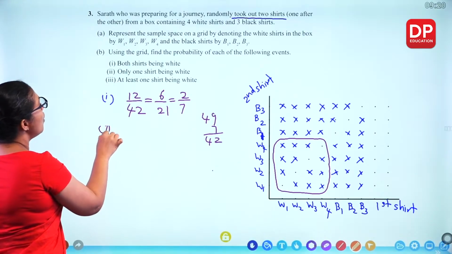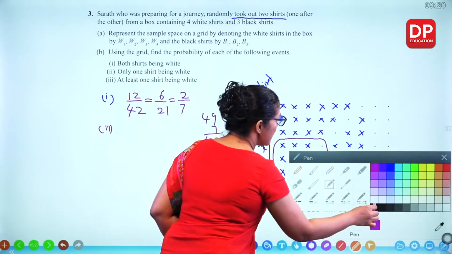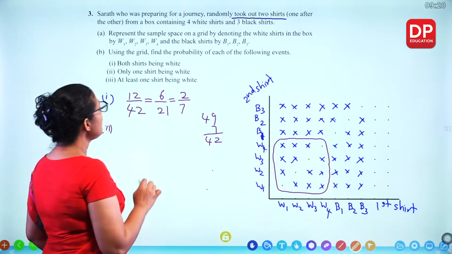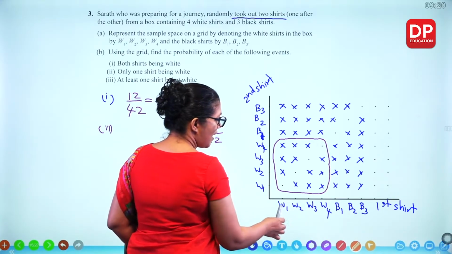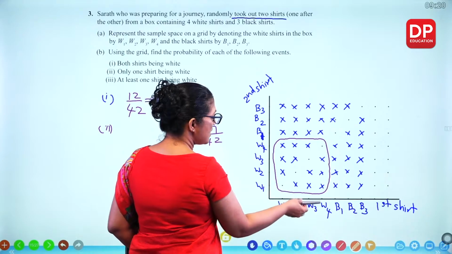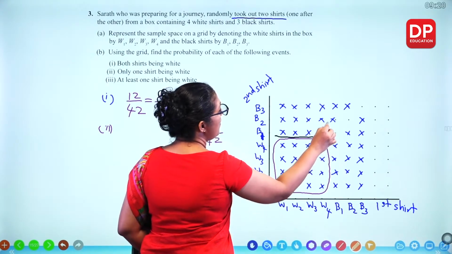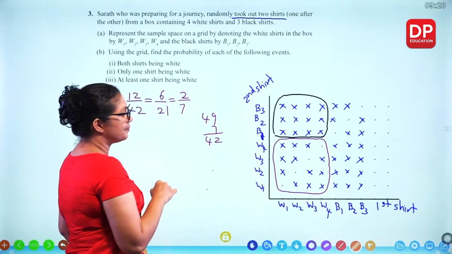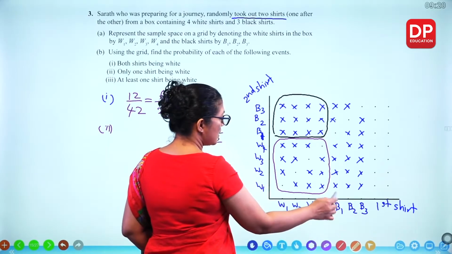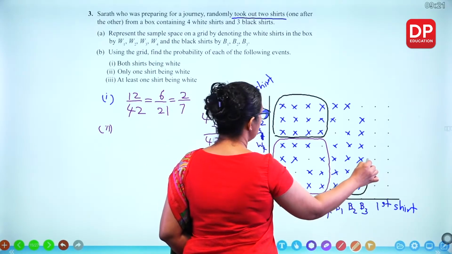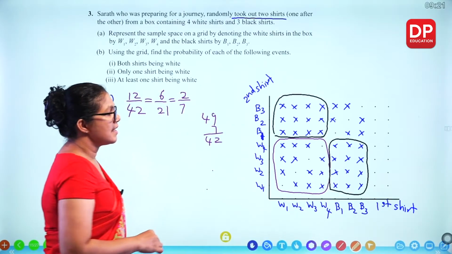Part 2, only one shirt being white. I'll take black color. Only one shirt being white means first time if he wears a white one, second time he wears a black shirt. If he wears a black one first, he can wear a white one for the second day.